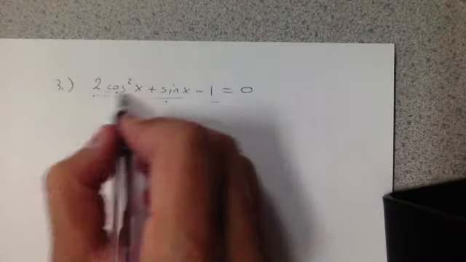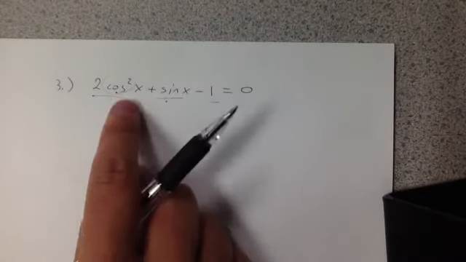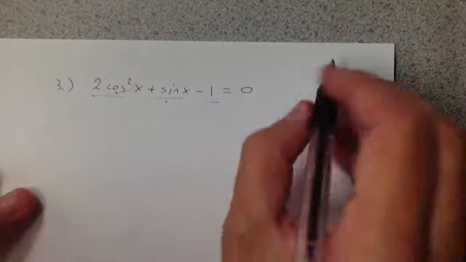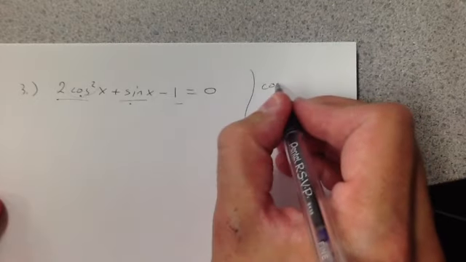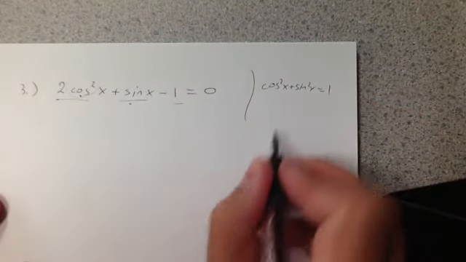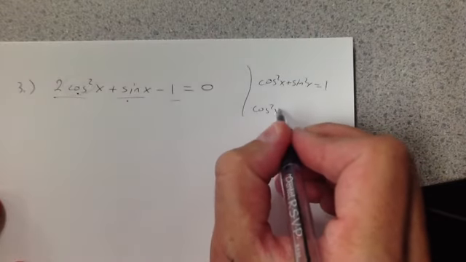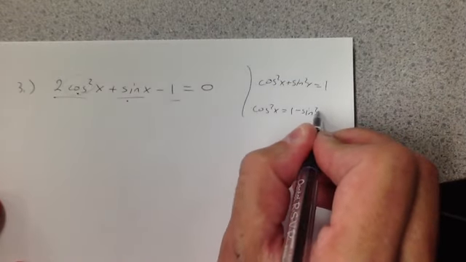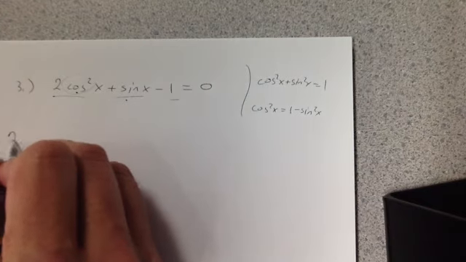So we ask, what could I rewrite cosine squared as? I want to write cosine in terms of sine. And we have our Pythagoreans. Remember this one? Cosine squared x plus sine squared x equals 1. So I could rewrite cosine squared x as 1 minus sine squared x. And that's exactly what I will do.